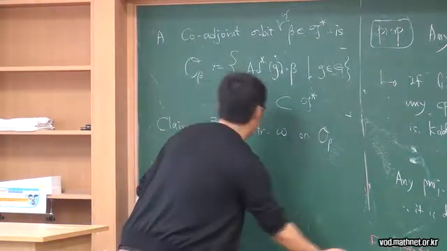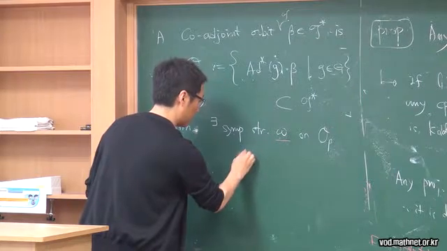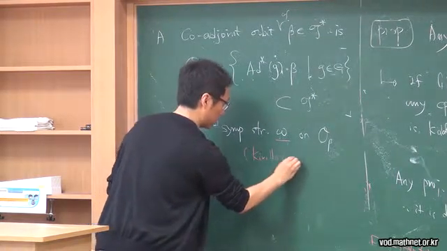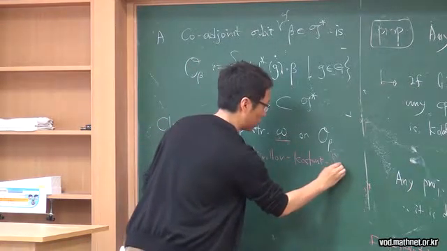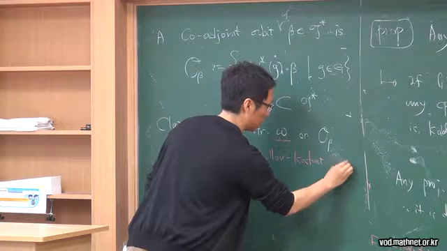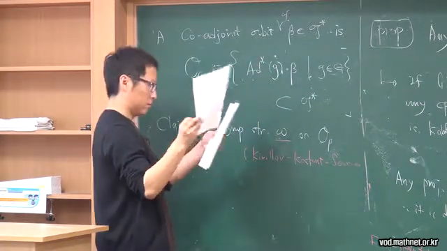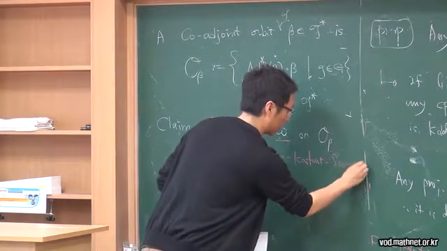Actually we construct this form, and this form is called the Kirillov-Kostant-Souriau form.